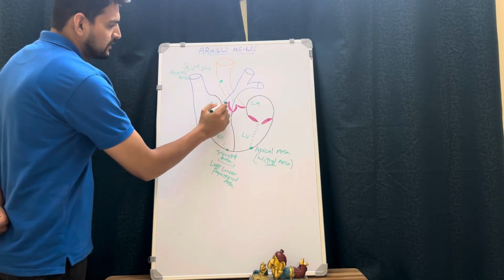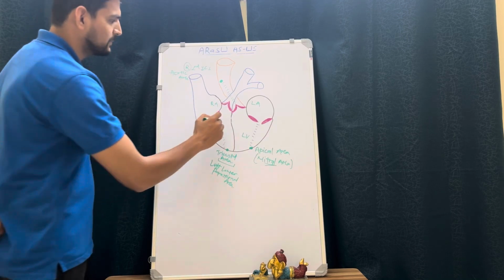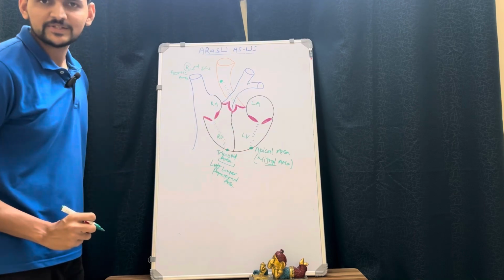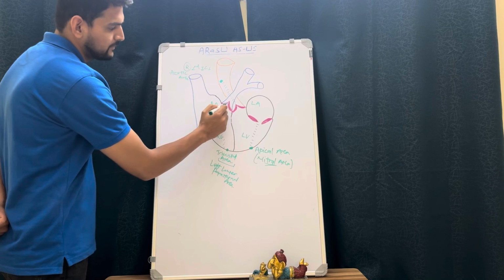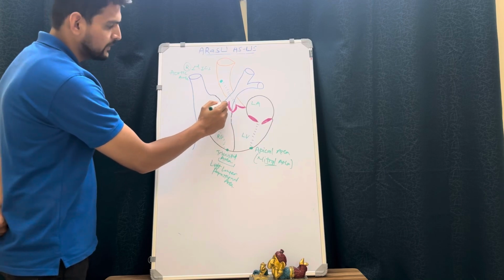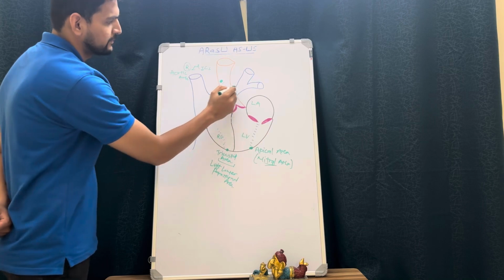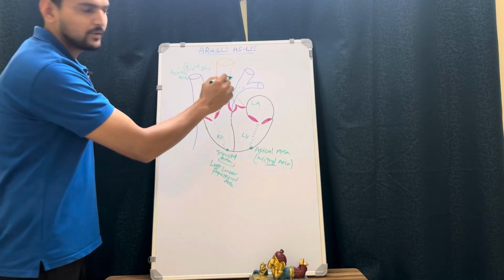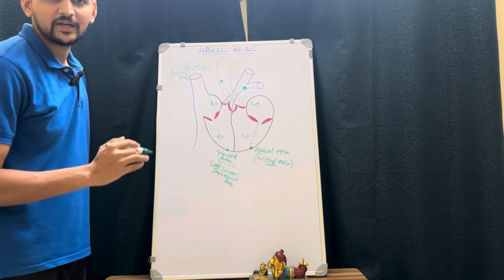So this is the correlation. Similarly, when the RV contracts, the pulmonary valve will open and the blood will start flowing into the pulmonary vasculature. Again, once the systole is completed, to prevent backflow, the pulmonary valve will close. That closure will generate waves. They will transmit and hit the wall of the vasculature, leading to production of the second heart sound.